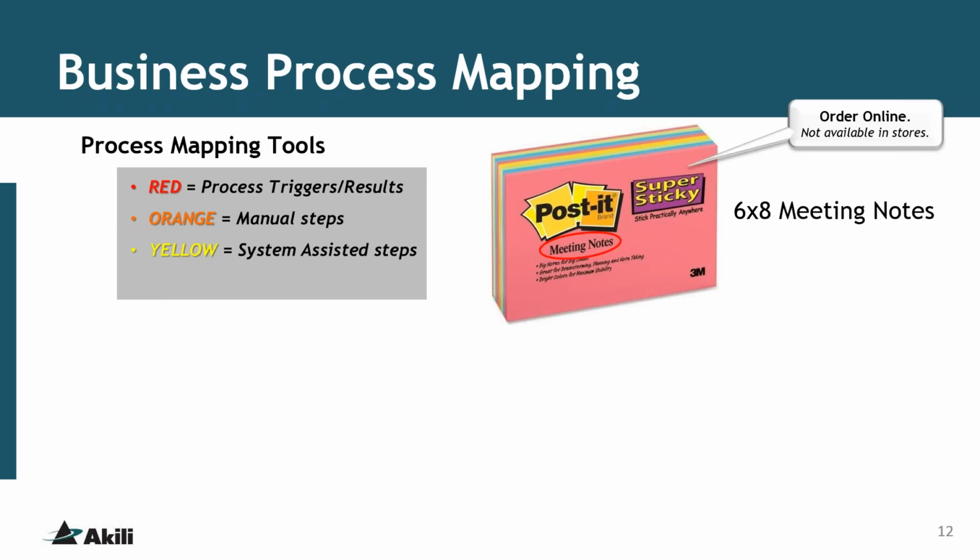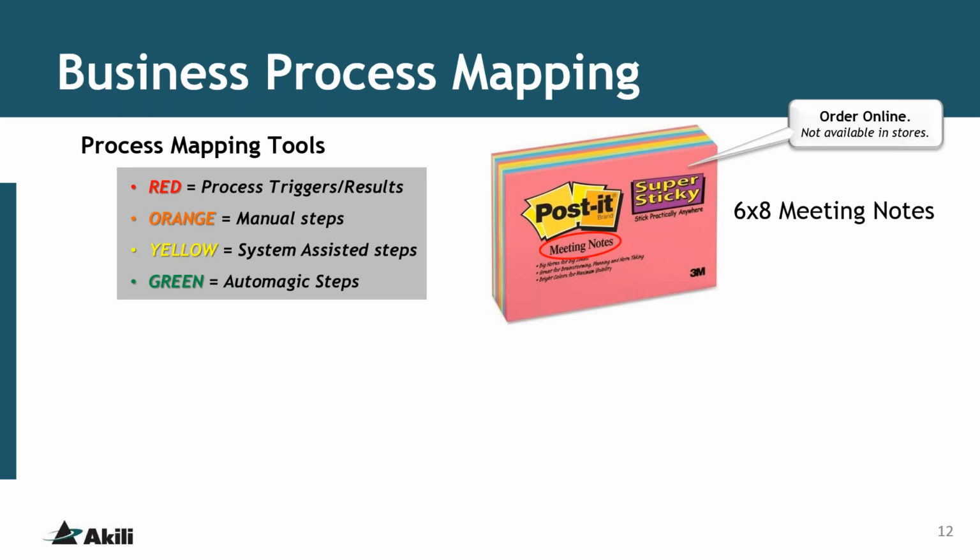The yellow cards we use to identify system-assisted steps. Now these are steps where someone's using a computer to either do data entry, to run reports, to do inquiries of any kind, right? And then finally, we use the green Post-it notes to identify automagic steps, things that happen in the middle of the night, batch processing, or things that start based on a clock, right?